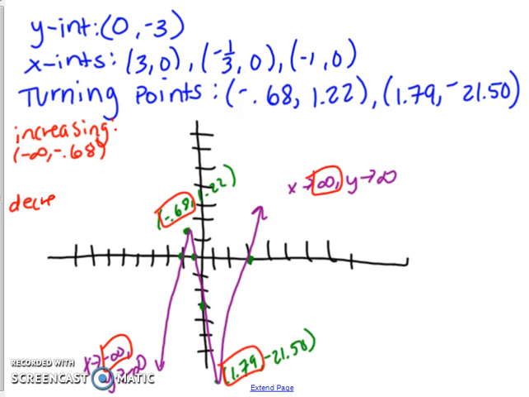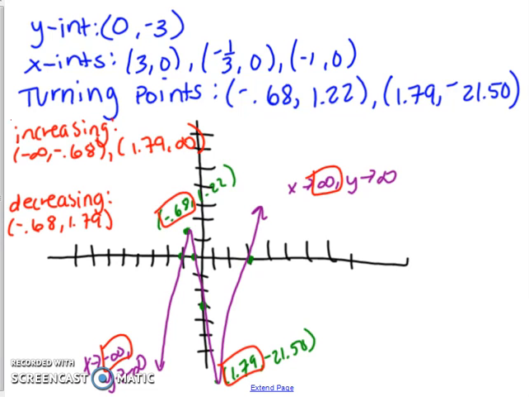Then it decreases from negative 0.68 to 1.79. And then it increases again from 1.79 to infinity.